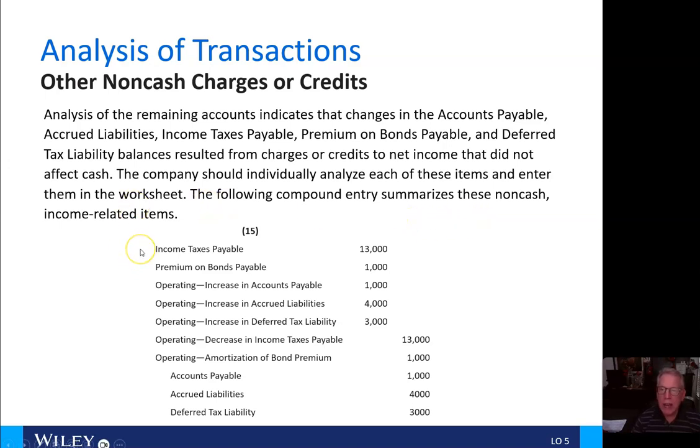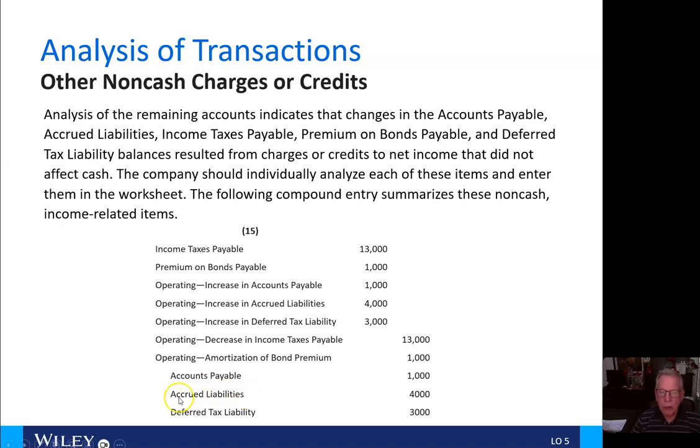So here we have income taxes payable, premium on bonds payable. In the operating section for the remaining items here, we have the increase in accounts payable, increase in accrued liabilities, increase in deferred tax liabilities, decrease in income taxes payable, and the amortization of bond premium.